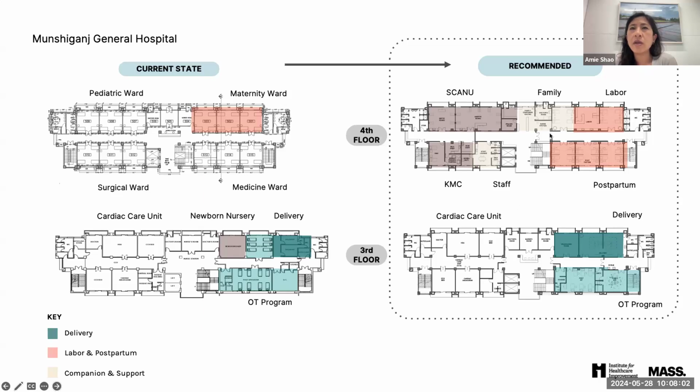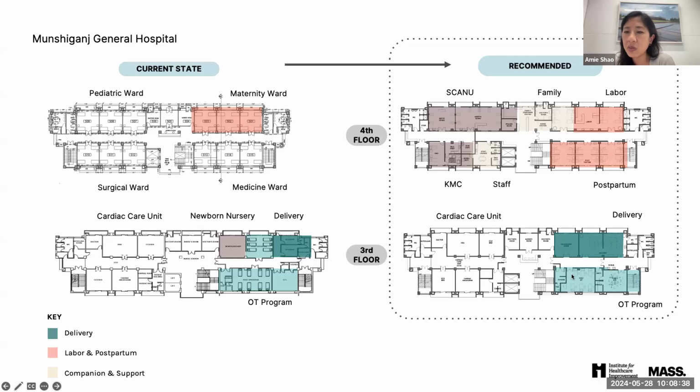And so one of the things that we did was to propose that they expand onto an additional level that had yet to be built out in order to properly build out the level of newborn services that they needed and fully provide all of the spaces that are required to support the unit, as well as provide the number of postpartum and labor beds that were really required for that volume of birth, while keeping delivery and OT where they were planned.